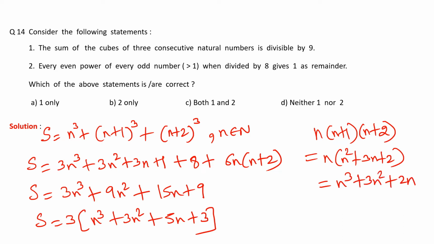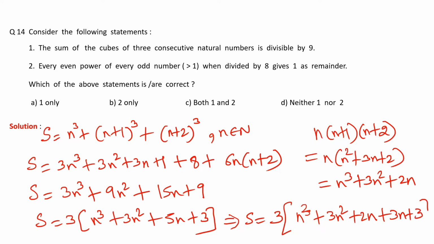So what I am doing here in this sum, I am creating this expression. I am writing s as 3 into, inside the bracket, n cube plus 3n square plus 2n plus 3n plus 3. That means I have broken 5n into 2n plus 3n.